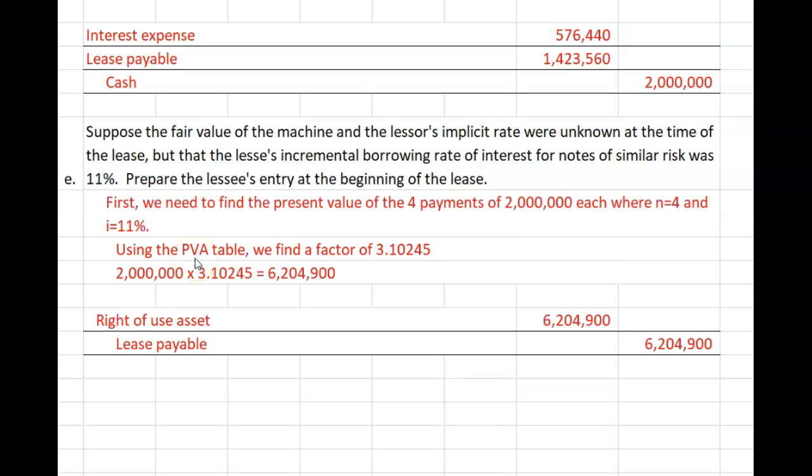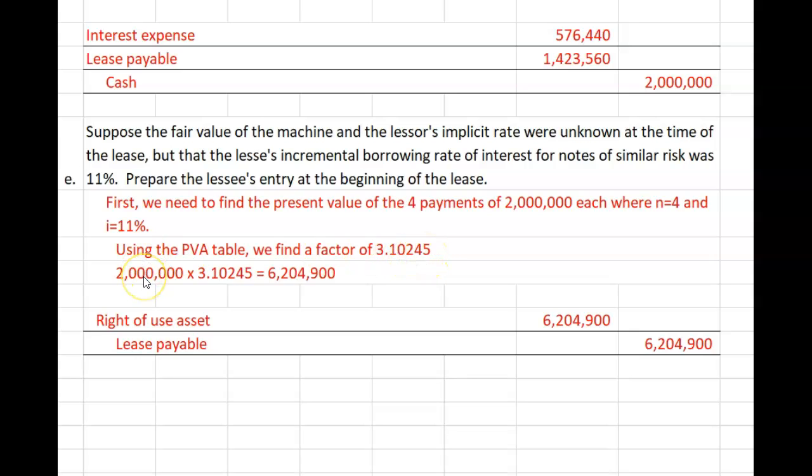Well, we don't need to calculate the interest rate implicit in the lease because we were given that in this problem, 11%. But what we do need to find is the present value of 4 payments of $2 million each, where N equals 4 and I equals 11%. Using the present value of an ordinary annuity table, we find a factor of 3.10245.